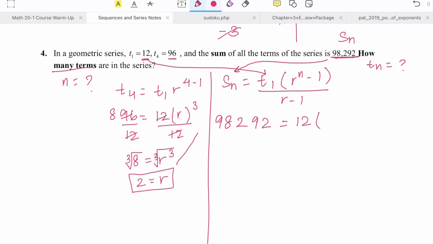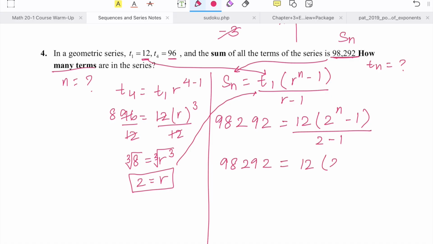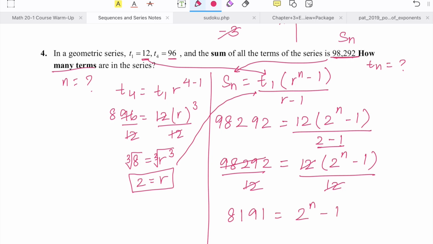R is 2, right? So 2 to the power of n minus 1 over 2 minus 1. So we have 98,292 is equal to 12 times 2 to the power of n minus 1. 2 minus 1 is just 1. Divide both sides by 12. 98,292 divided by 12 is 8,191, which is equal to 2 to the power of n minus 1.